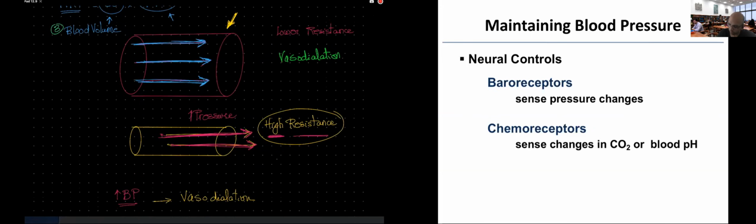It's vasoconstriction. So if I have high blood pressure, what do you think I will need to do to reduce the blood pressure back to normal? Would you dilate the vessel, or would you constrict the vessels, the arterioles? What do you think?